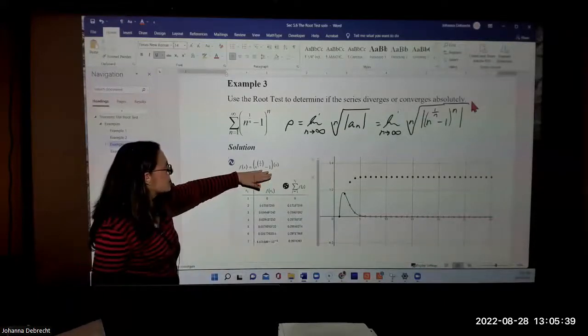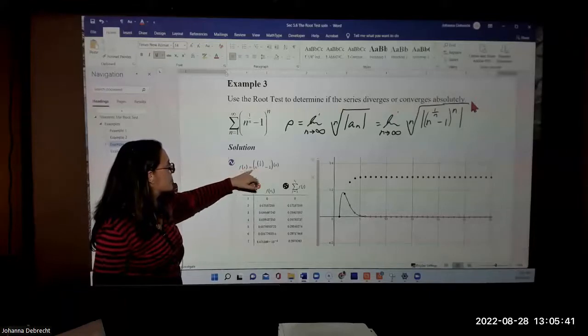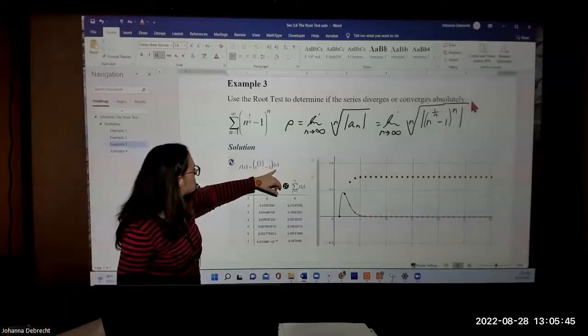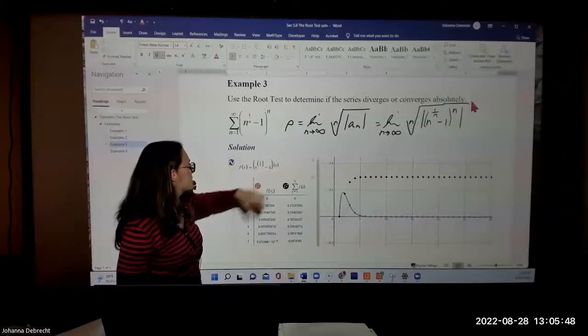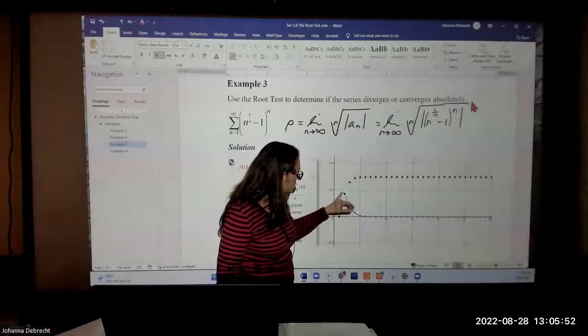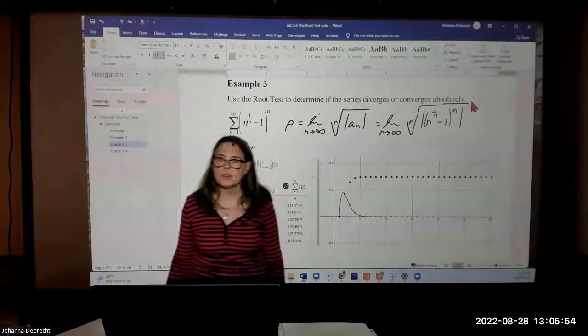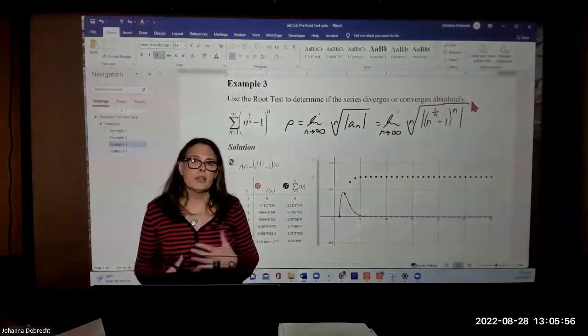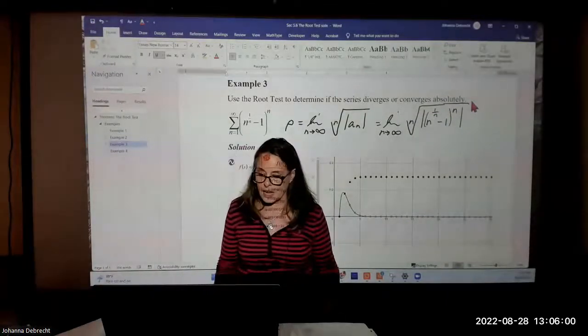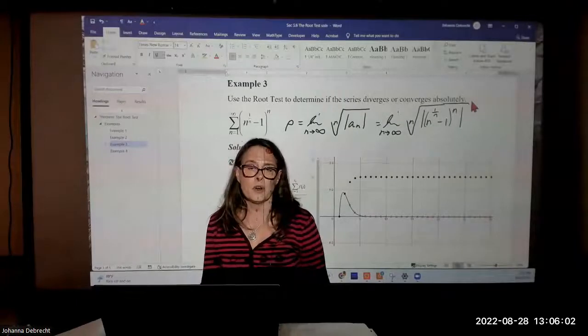But you can see that it is actually graphed right here. It's the function f of x, x to the 1 over x minus 1. Oops, do I have an extra? Oh, no, raised to the x power. And you can see right here that it does look like the function is strictly positive. So that means that I can then drop the absolute value. It's not a proof. Again, I would have to think about n to the 1 over n.